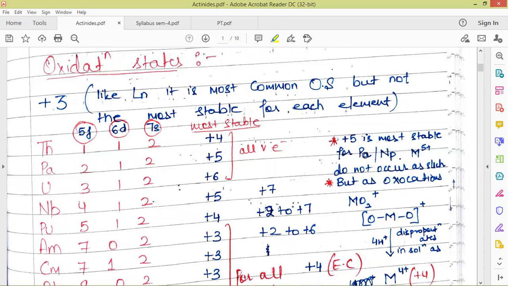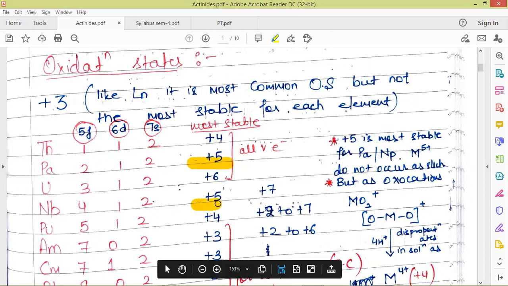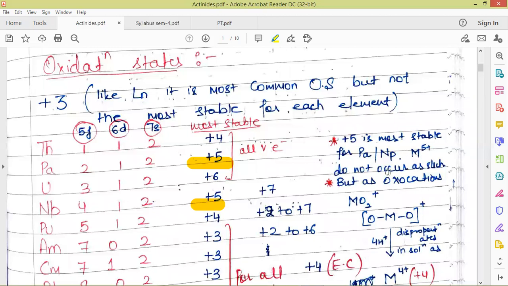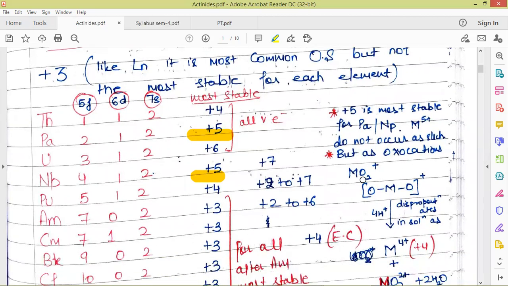Now if we talk about the +5 oxidation state, we can see that +5 is most stable for Pa and for Np. This +5 oxidation state does not occur as such, that metal is not 5 positive, but it exists in the form of an oxocation. A metal with the valency of 5 positive does not exist directly.